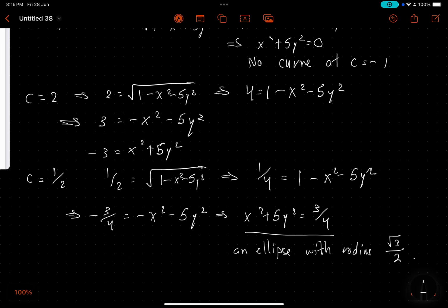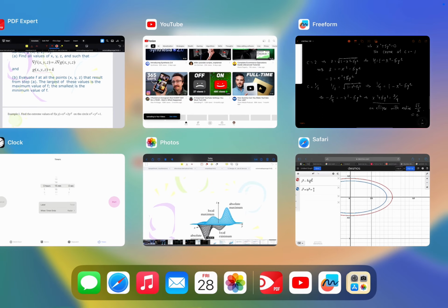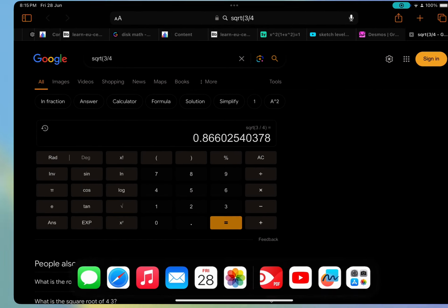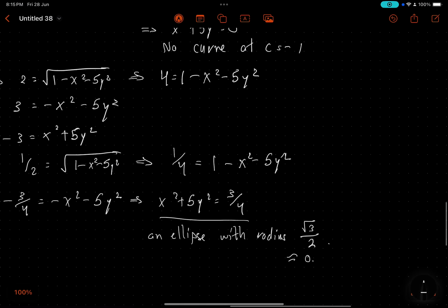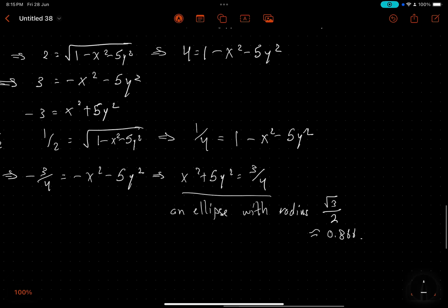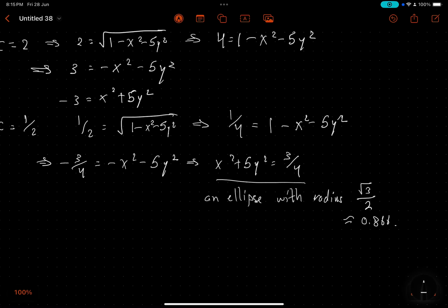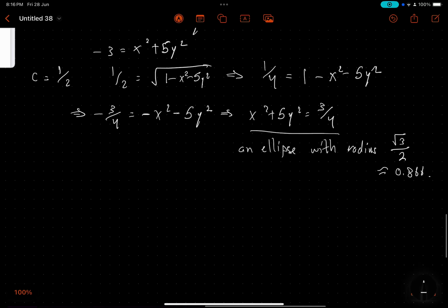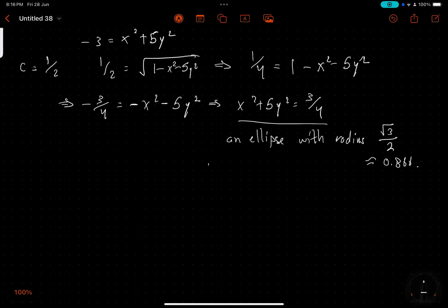This is the radius, which is approximately equal to 0.866. Exactly like that. Now, if we want to take other values we can, but let's just stick with this.